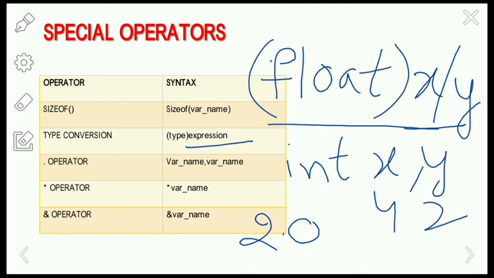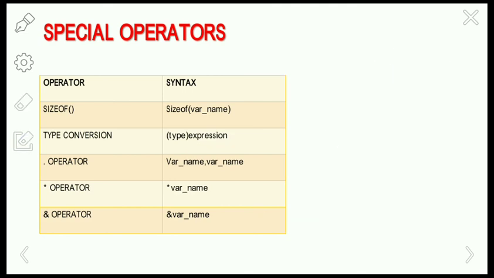And comma operator. The comma operator is used to separate the different elements in variable declarations and loops. This is in the format of variable comma variable. And asterisk operator. The asterisk operator acts as a pointer operator and is used to declare and process pointers. It will be in this format: pointer star asterisk p.